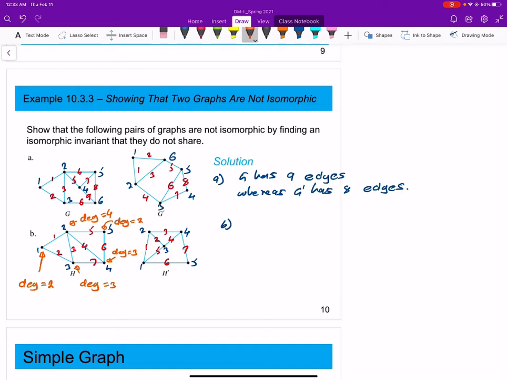Alright, then just count the degrees in the other graph. Degree here is 3, degree here is 2, degree here is 3, degree here is 3, and degree here is 3.